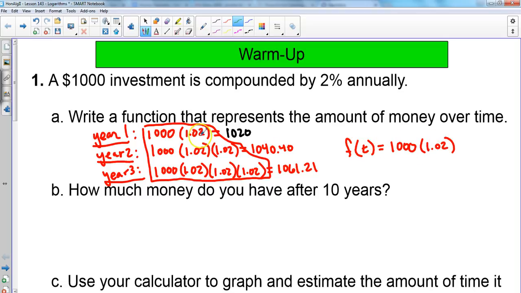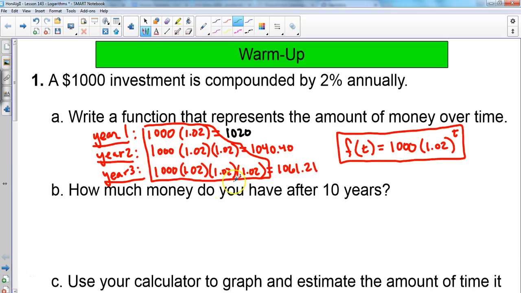In other words, this is 1,000 times 1.02 to the first, 1,000 times 1.02 to the second in year two, 1,000 times 1.02 to the third in year three, and so on. We raise the base 1.02 to however many years we have. That's the function that's going to model this exponential growth, or this compounding behavior by 2% annually.